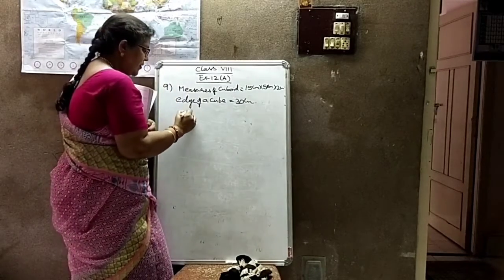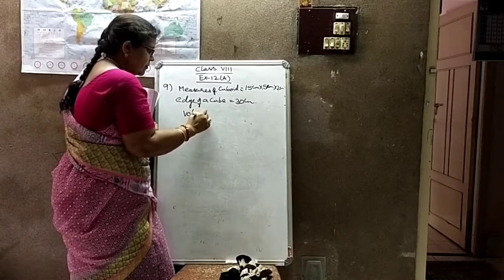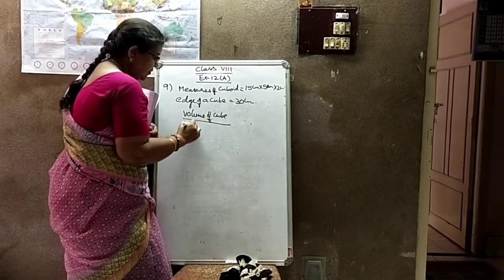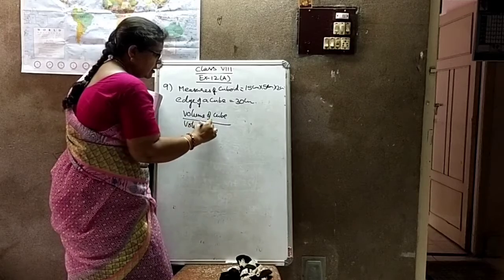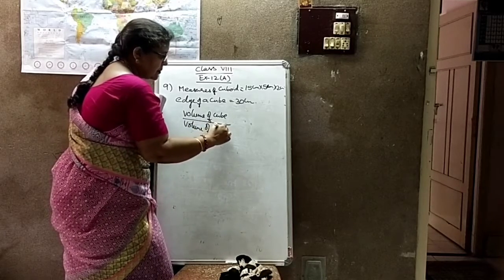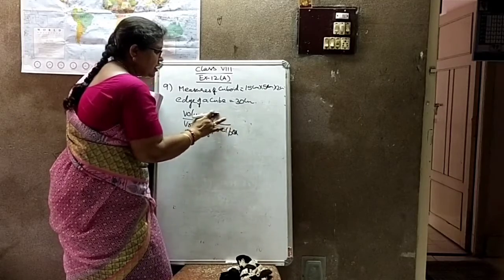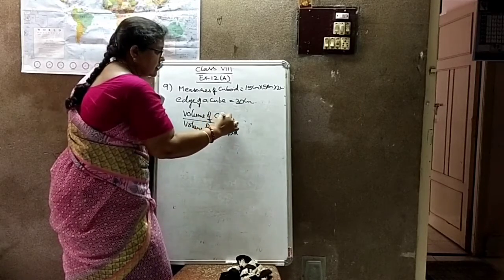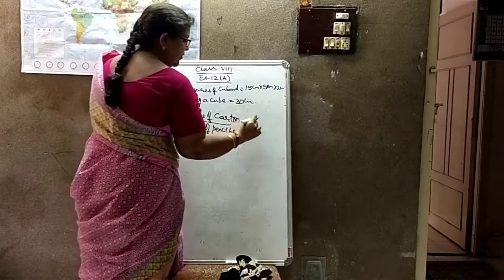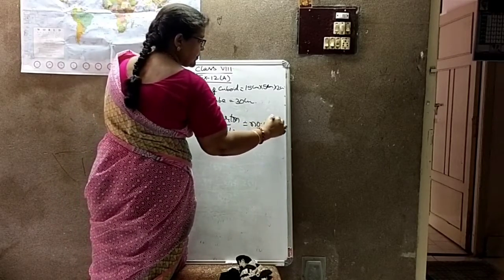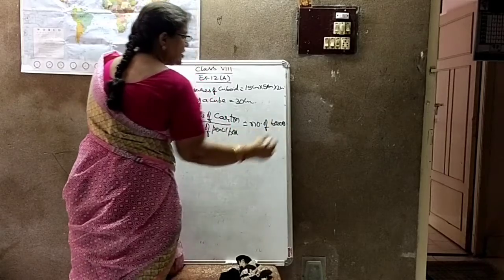So the volume of the carton divided by the volume of a pencil box will give the number of boxes. This is not a cube, actually, it is a carton. Children, is it clear?